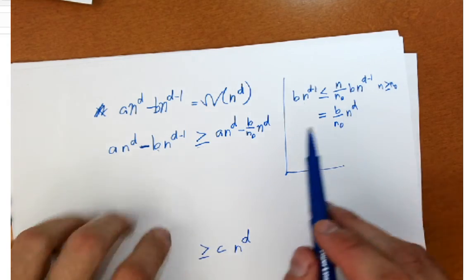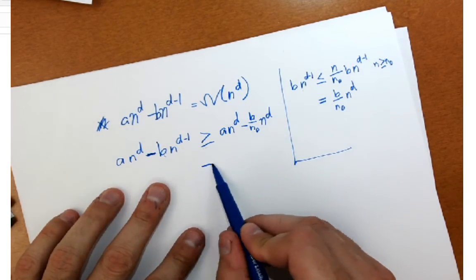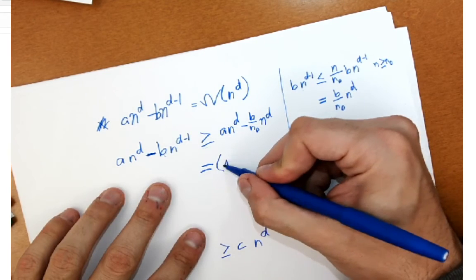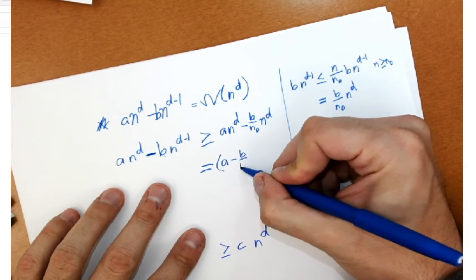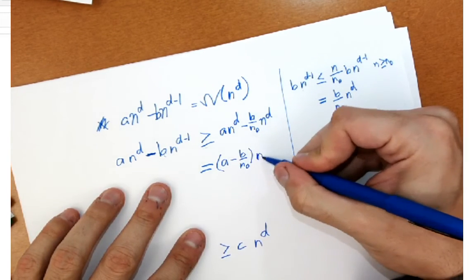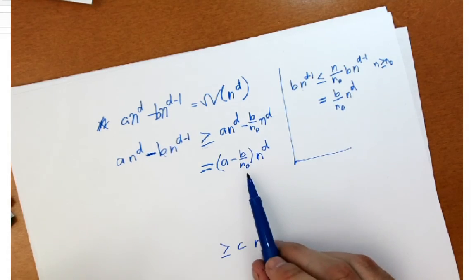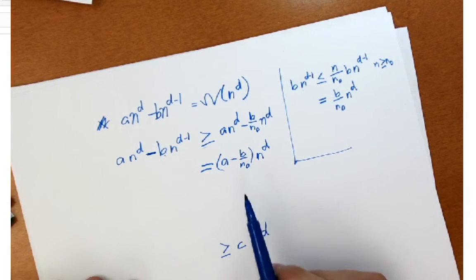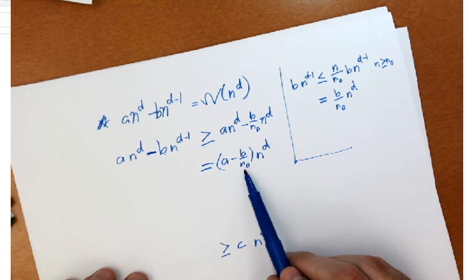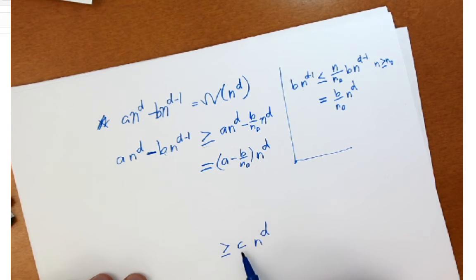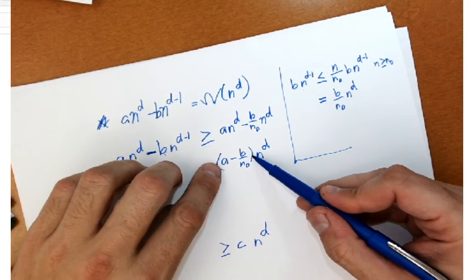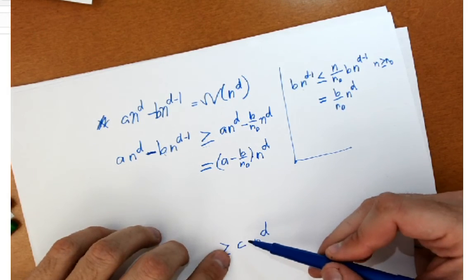And that is, of course, equal to, if we factor it out, a minus b divided by n naught times n to the d. And because we can now choose n naught, we can solve for the value of n naught that would keep our constant positive. Because this is basically what our constant is, right?